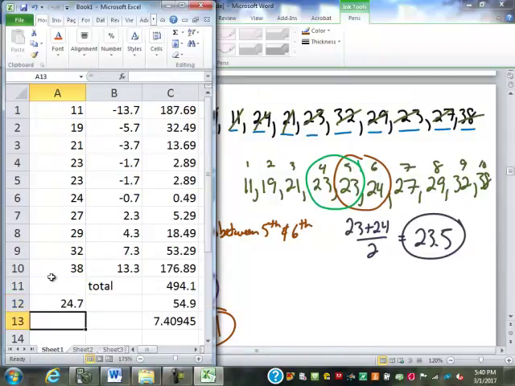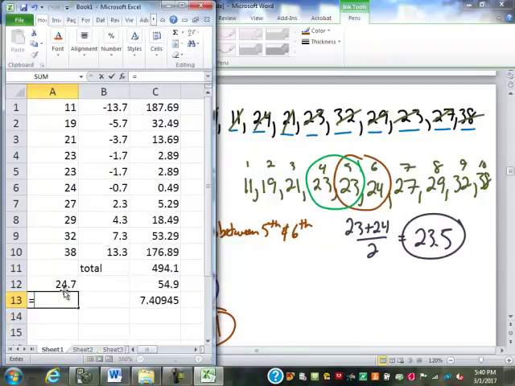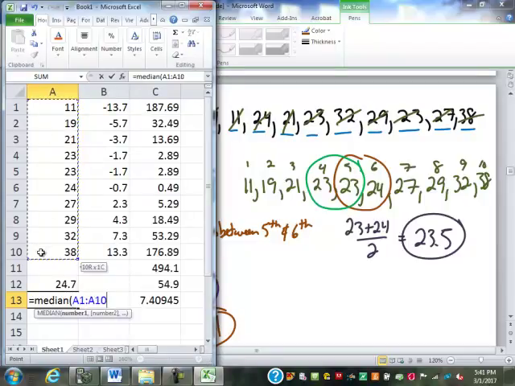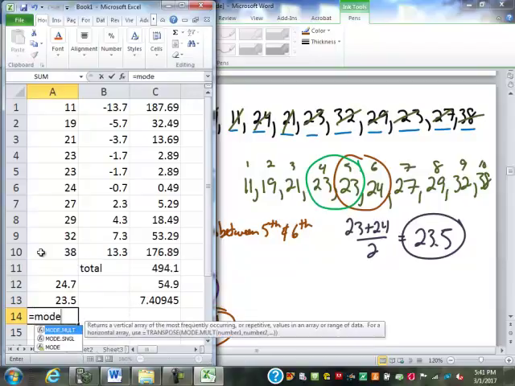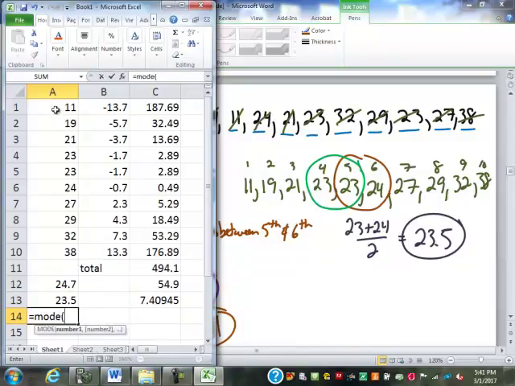There we go, we got our 24.7. For median, it's equals median. We get our 23.5. Mode, it's equals mode. 23, we've already found that.